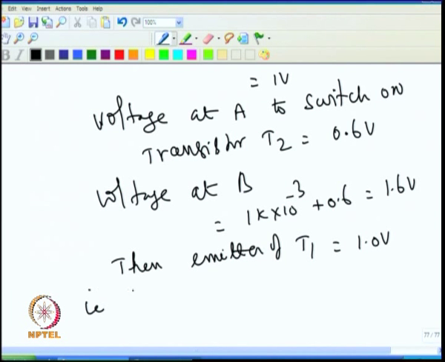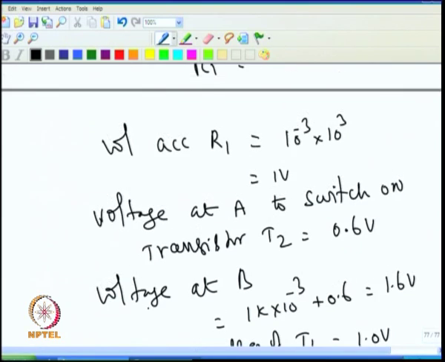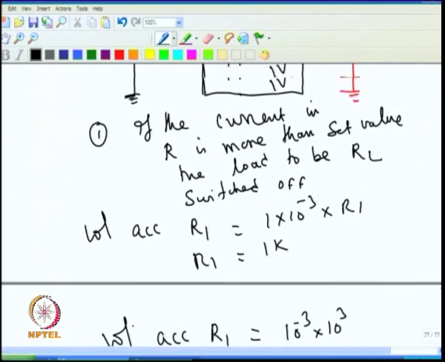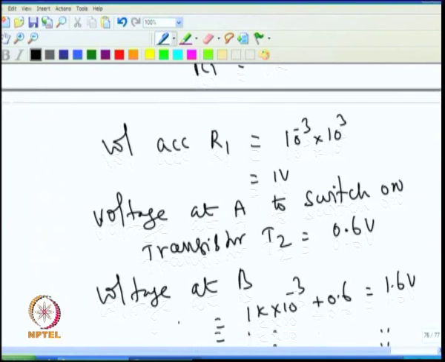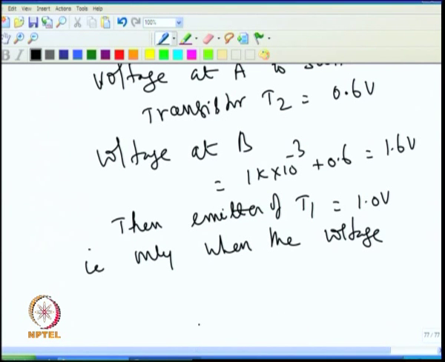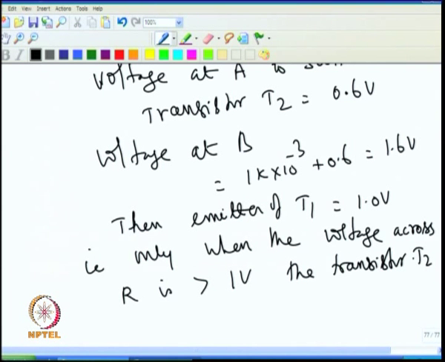That is only when the voltage across R is 1 volt, the transistor T2 will be on. So, only when the voltage across R is greater than 1 volt, the transistor T2 will be on.